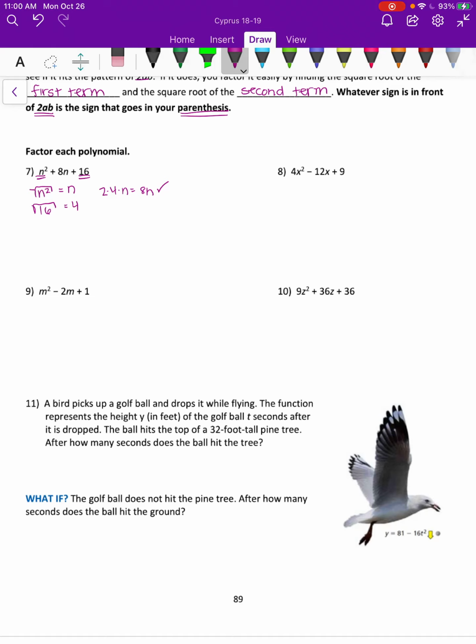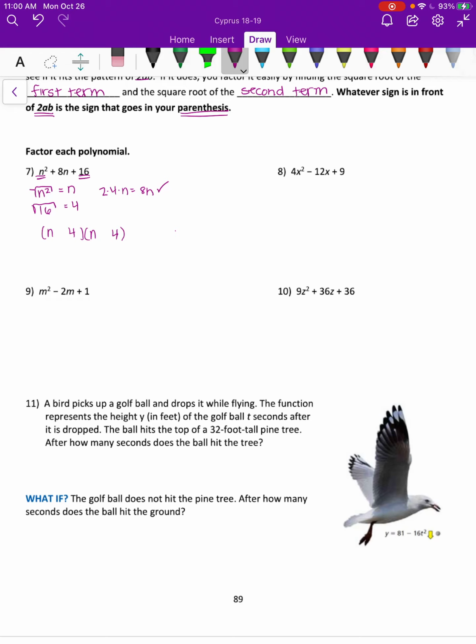So now I can jump to my answer. Oh, maybe if my iPad doesn't freak out on me here. So my parentheses, remember we have 2 of them. We have n and 4 in both.